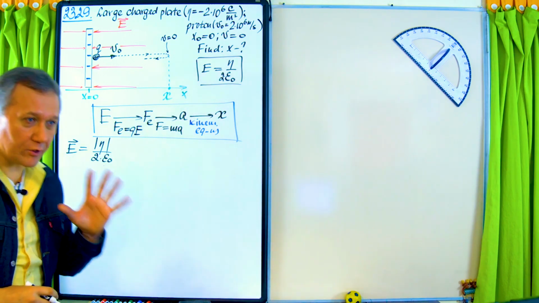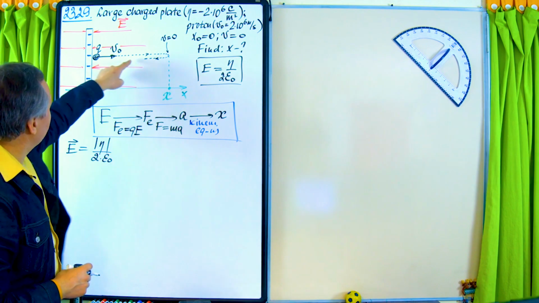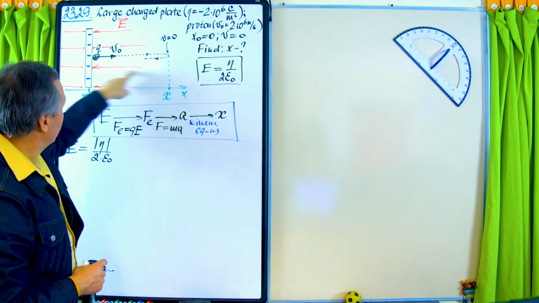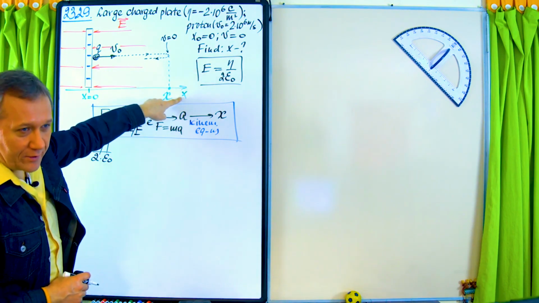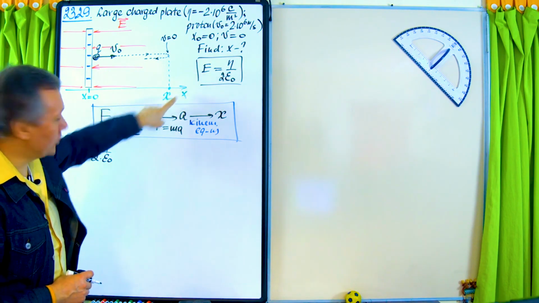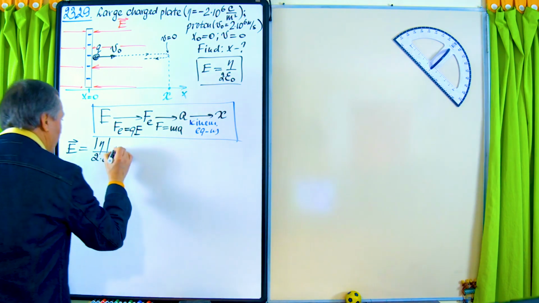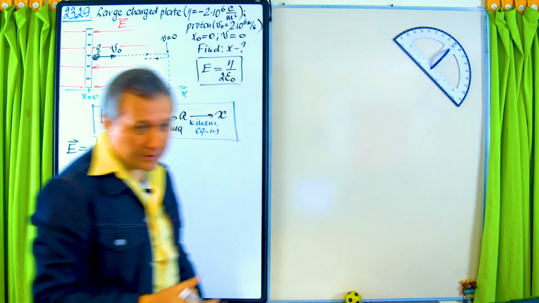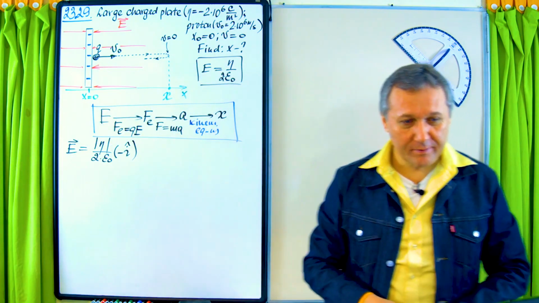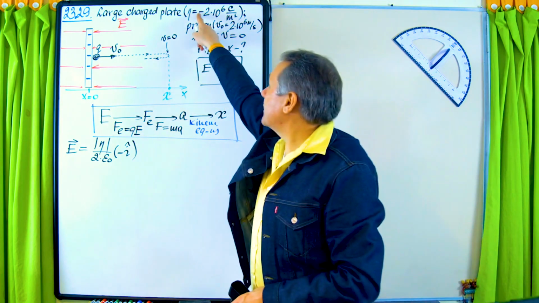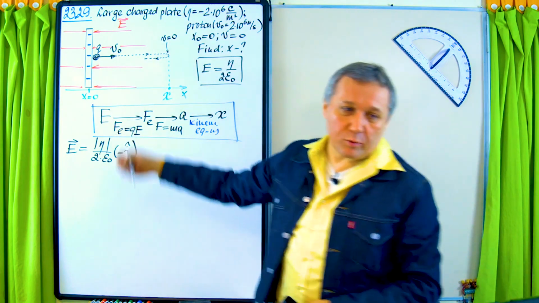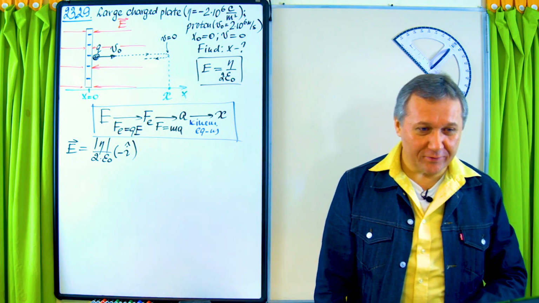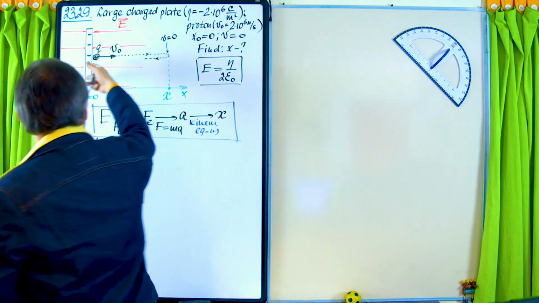And now the direction. The electric field we drew points that way, and that is the negative x direction. So if I want to write in vector form, I have to show the direction as minus i hat, the unit vector in the x direction. So basically, this minus appeared over there. Okay, so that's the expression for the electric field in vector form created by this surface.